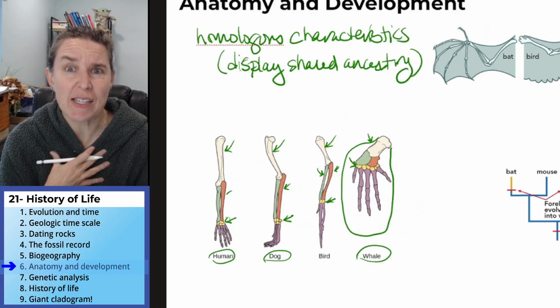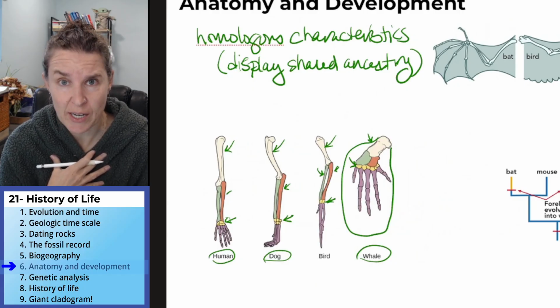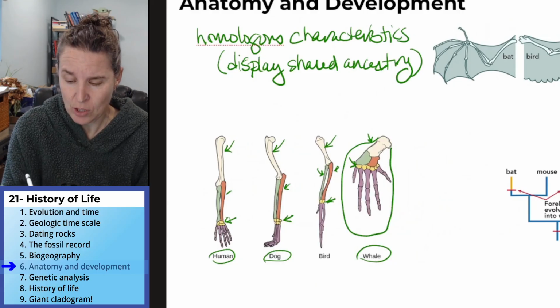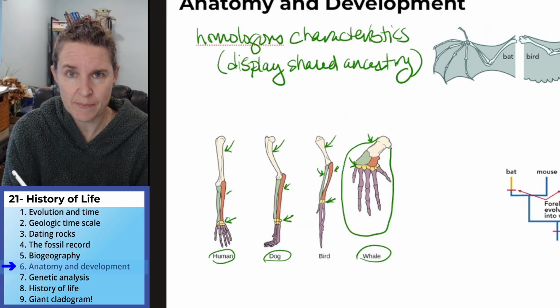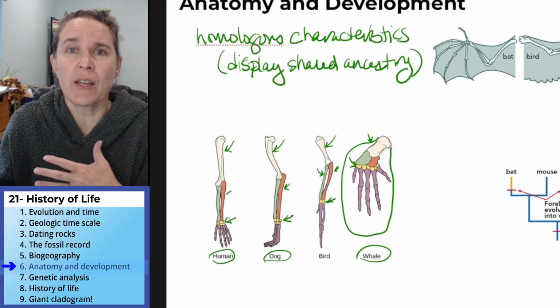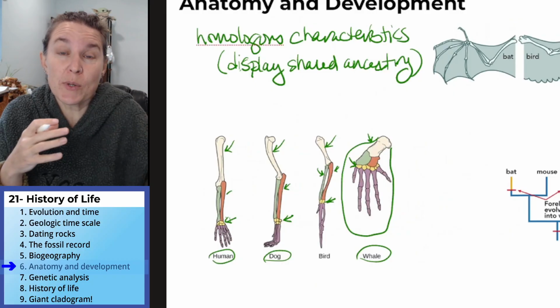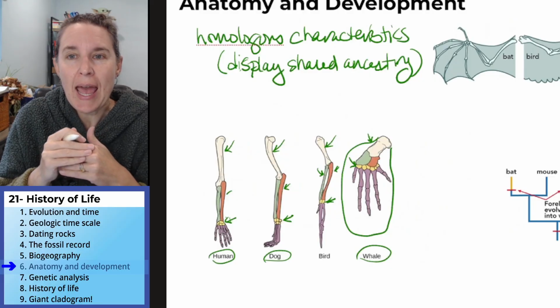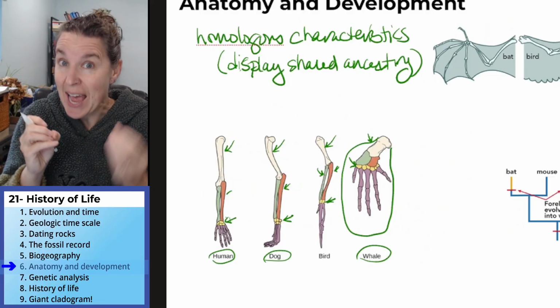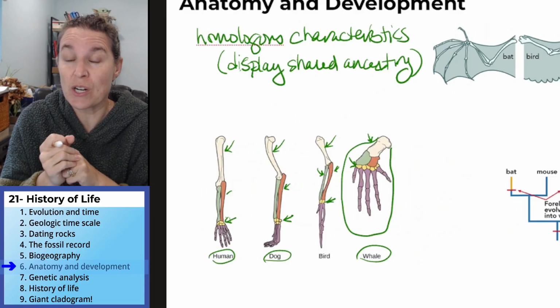They provide evidence of shared ancestry. If you have a long bone, 2 bones, blobby bones, fingers, if you have that pattern, then you are more closely related to other critters that have that pattern. And those homologous characteristics actually do show shared ancestry.